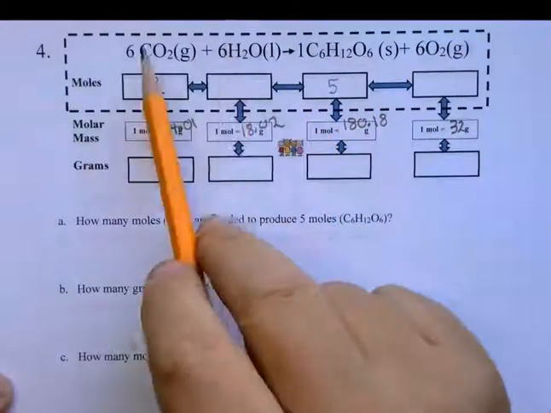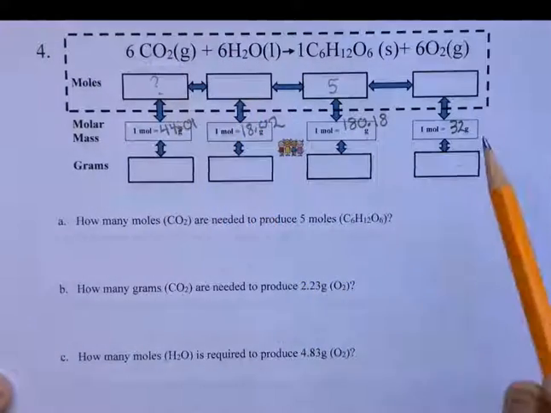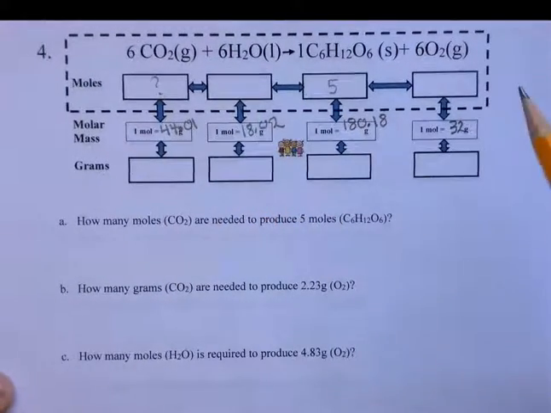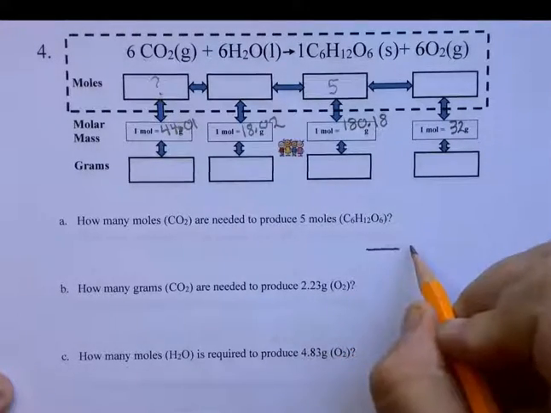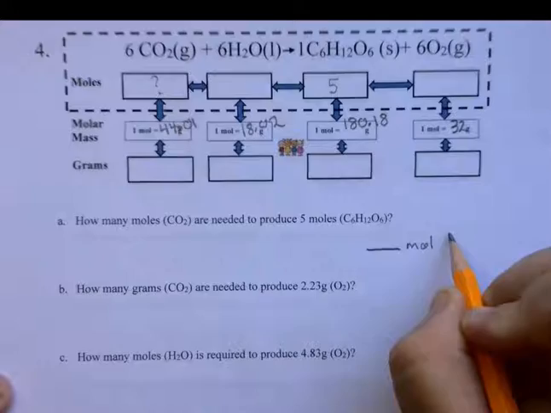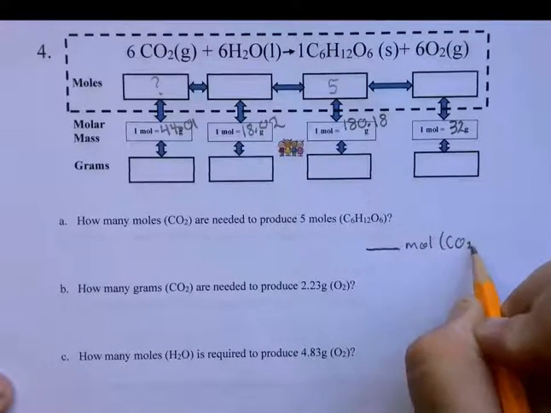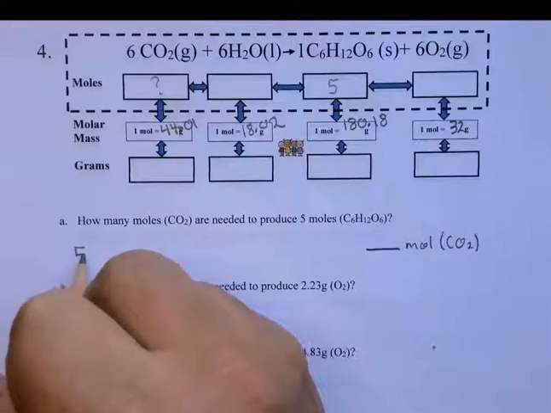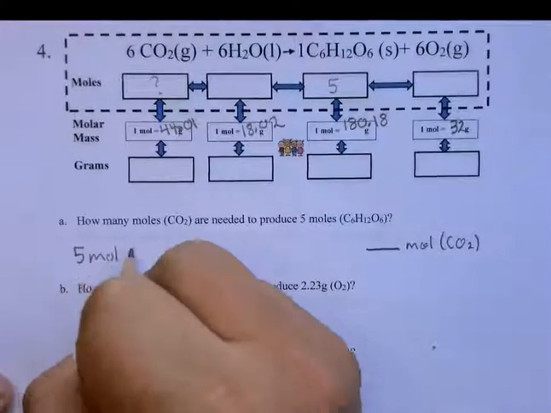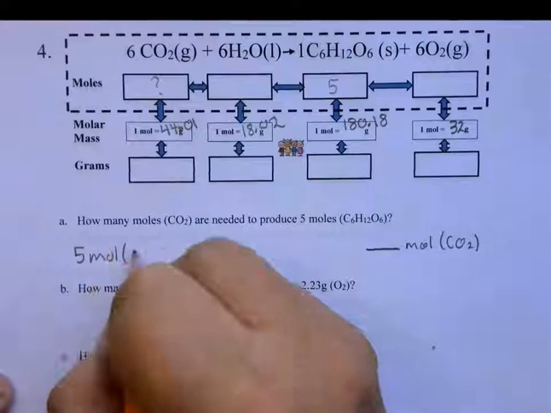So this is a straight across moles to moles conversion. We start inside the chemical equation, we end inside the chemical equation. So over here, it's going to be a 1 conversion problem. So it's moles of CO2. And over here, it's 5 moles of sugar.